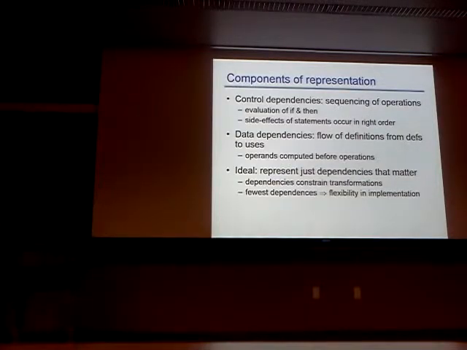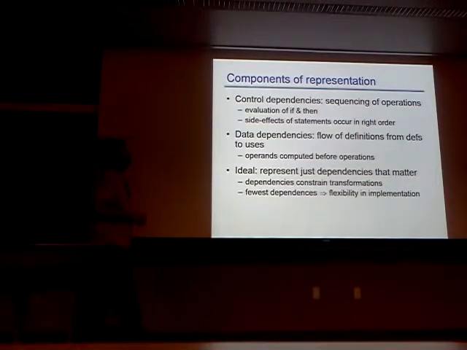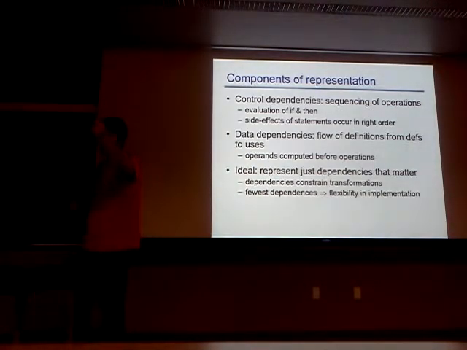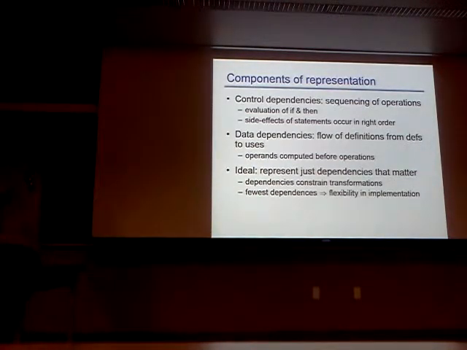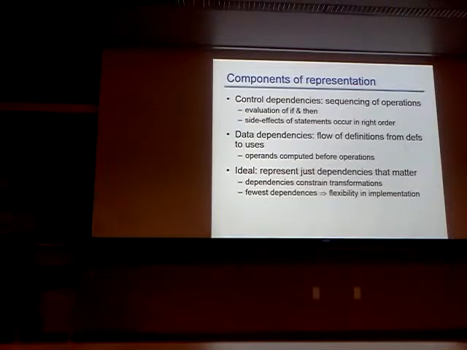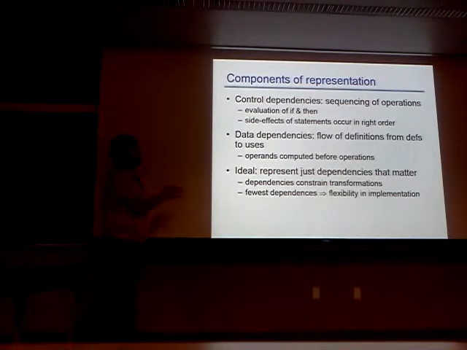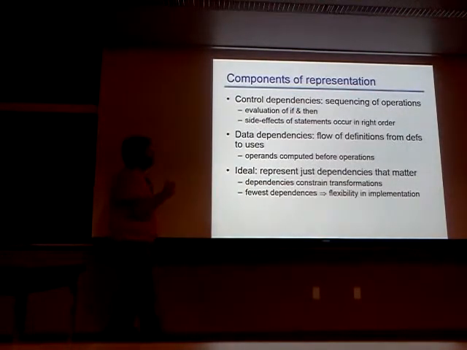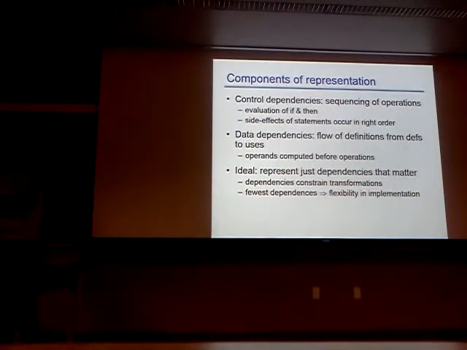The data dependencies represent the flow of values from definitions, the places where the values are created, to the uses of those values. Okay? And the ideal here is that you want to represent just the dependencies that matter, in the sense that you want to represent the smallest number of dependencies that really defines the computation of your program.